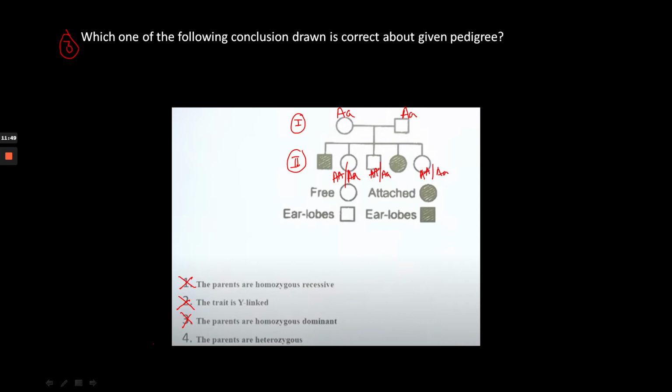Because they can inherit this A allele from the father and this capital A allele from the mother, or they can inherit the dominant allele from both the parents, right? So these can be the conditions, but these individuals can have homozygous recessive alleles, and they will be diseased, because in a dominant condition the disease is not shown.